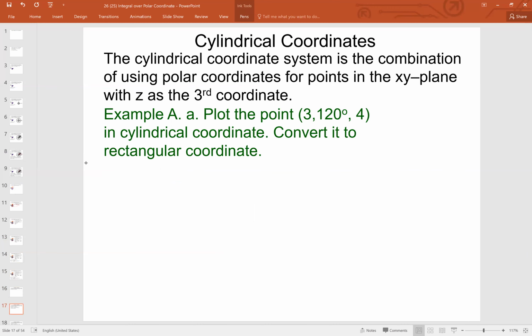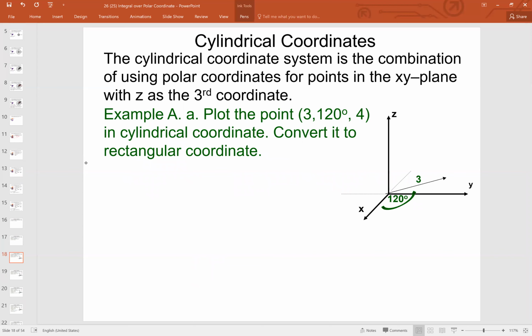So they are defined as r, theta, z. So we can easily convert the first two numbers into a point on the xy plane, that's the polar coordinate, then you look at the last number z to move the point up and down in the z direction.